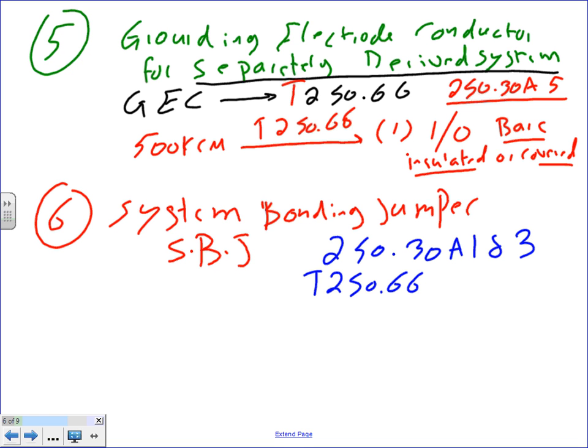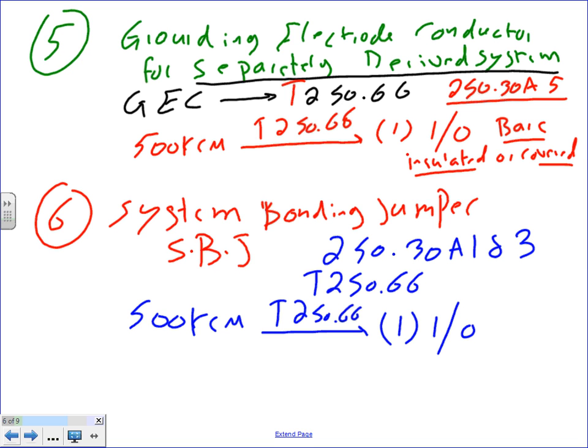Grounded conductor. So how do we size it then? In our situation, it's easy because we have 500 kcm. The same thing, Table 250.66, and this will be the same thing, 1 aught. It could be bare, insulated, or covered.